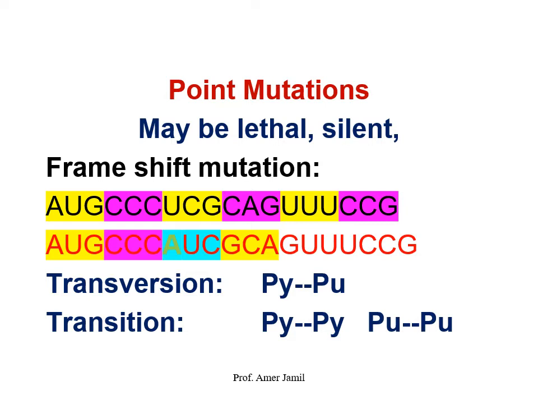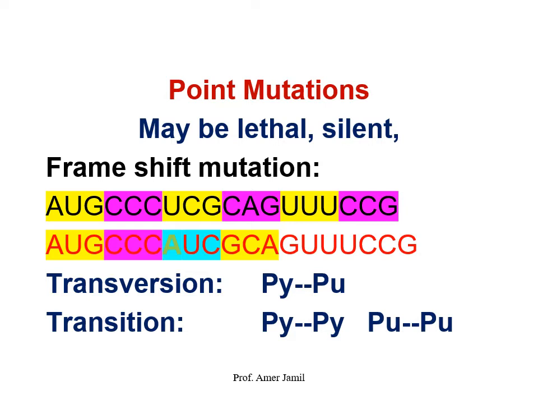And most of these mutations are only single nucleotide changes, which are called point mutations. This point mutation may be lethal or it may be silent. Lethal ones are those which are damaging for the cell or even sometimes for the organism. And silent mutations are those that don't have any effect on the functionality of the particular protein which is being synthesized after transcription and translation.